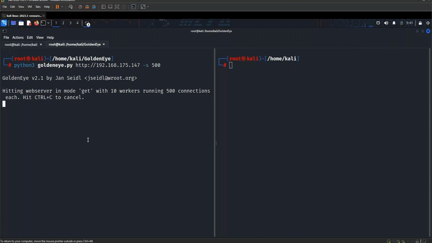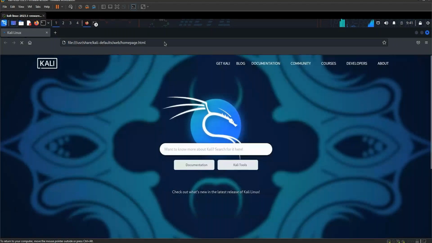So every user is creating 500 connections each. Now, in reality, what should happen? I should be able to open the page of the Apache, right? The page of Apache should be openable.